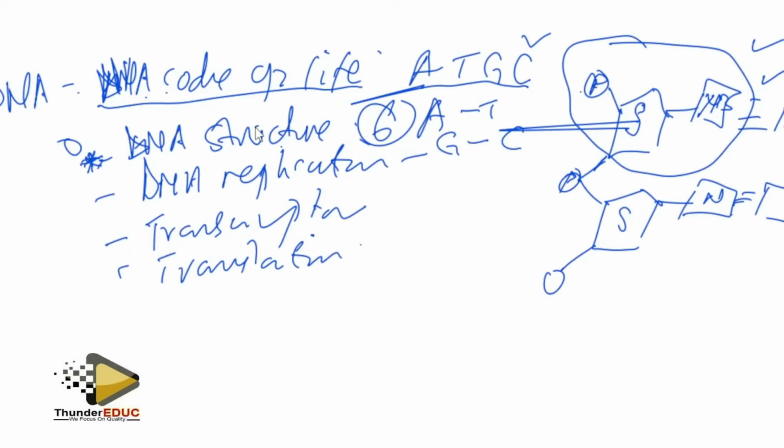Then you form this DNA with one original strand and one new strand, which are genetically identical. That's how you can describe DNA replication.